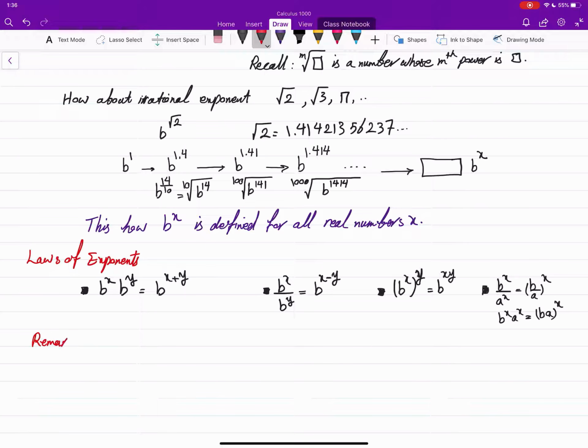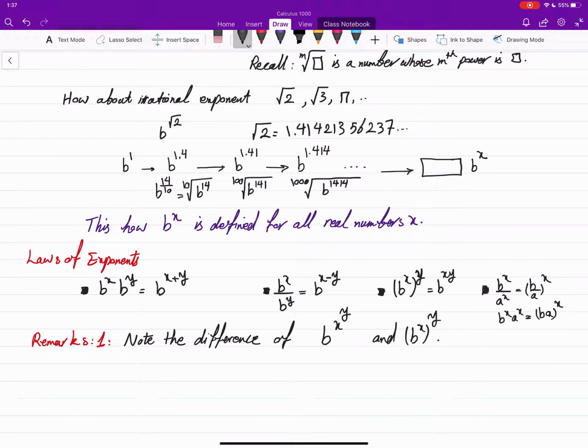So there are two remarks that I want to mention here. First thing is to note the difference between b to the power x to the power y and b to the power (x to the power y).